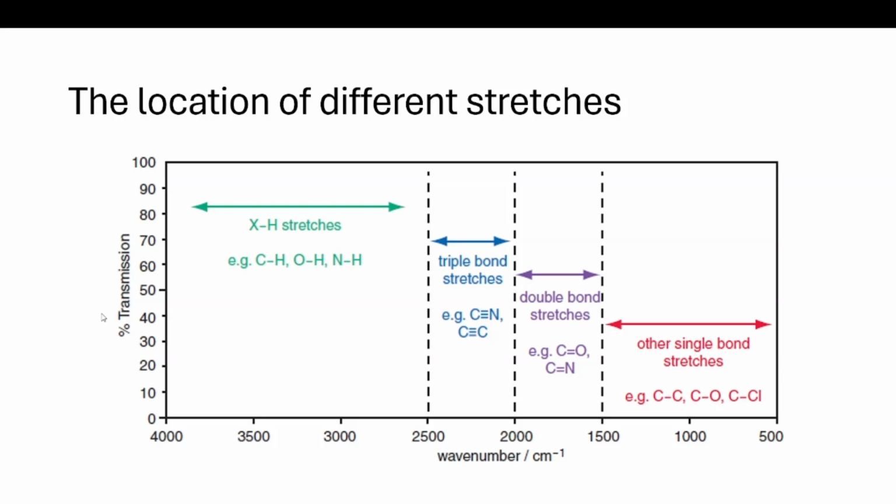Now, I'm not going to rant about these different stretches, at least for now, but here's a simple chart that you can look at to figure out where different stretches are located. From 2500 to 4000, we're going to get stretches that involve hydrogen.